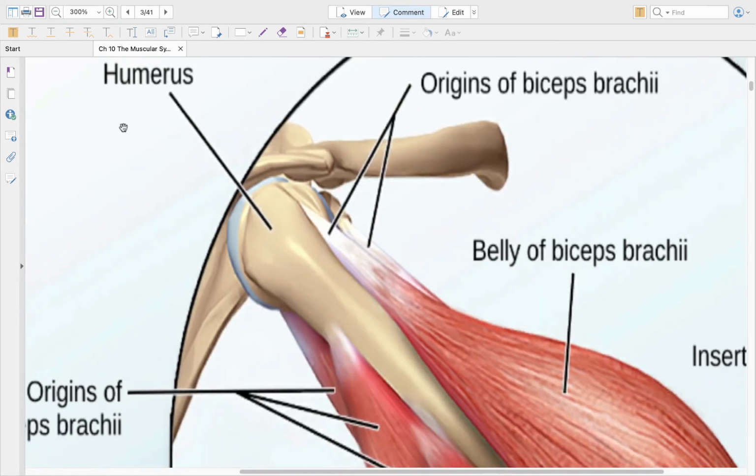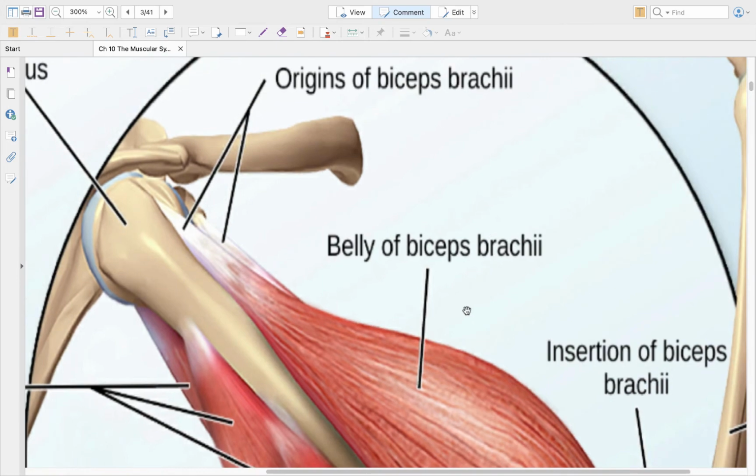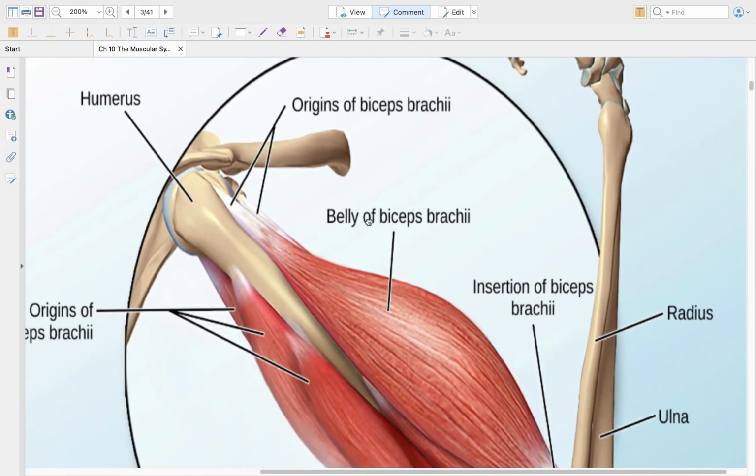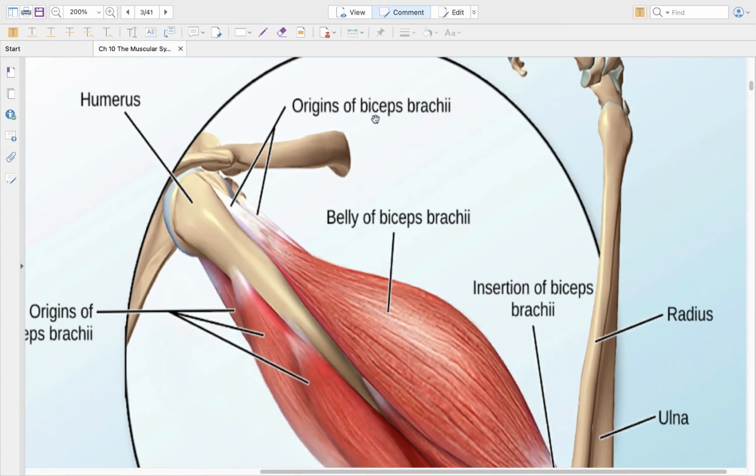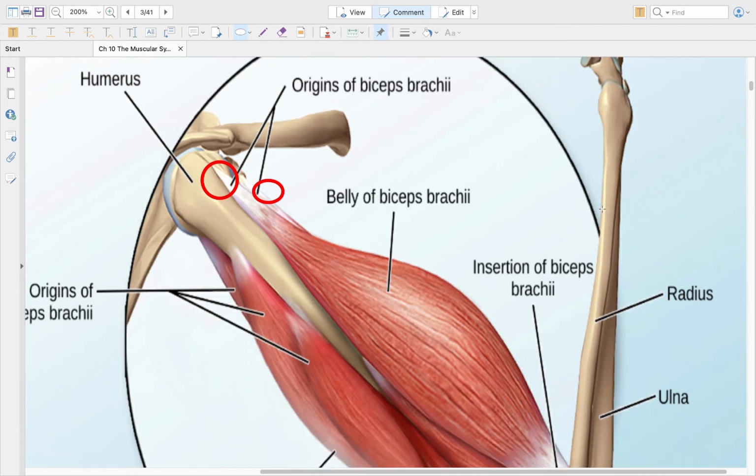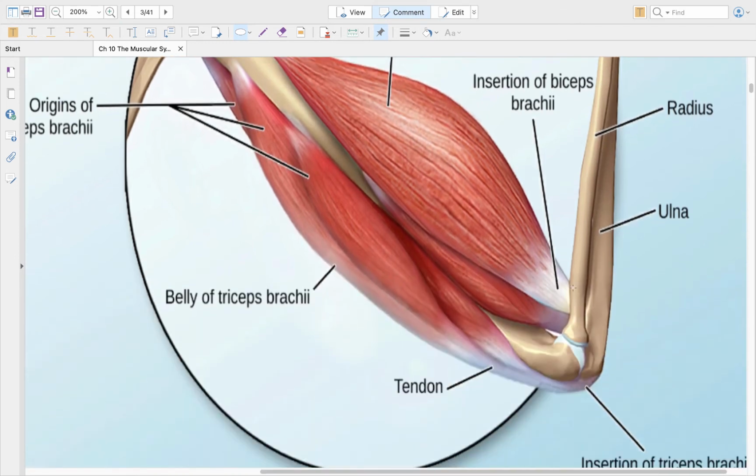We said that bi means two, okay, and bicept means two heads, and indeed the bicep brachii has two origin points, right there and there. Okay, and there's the insertion point over here.